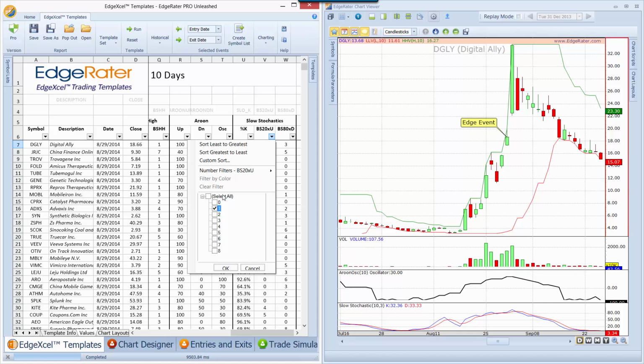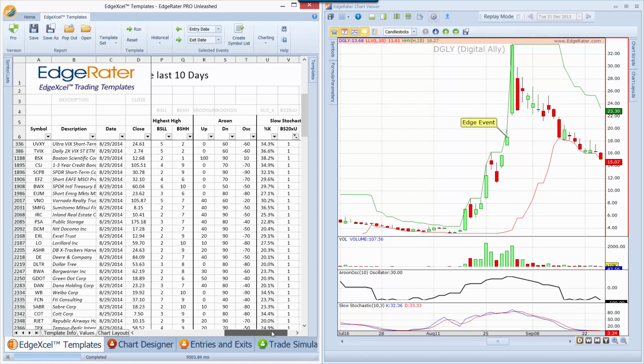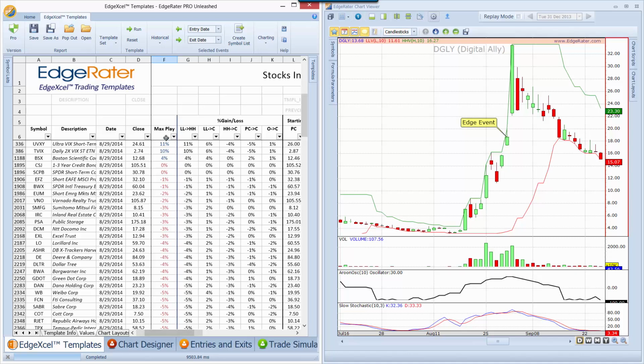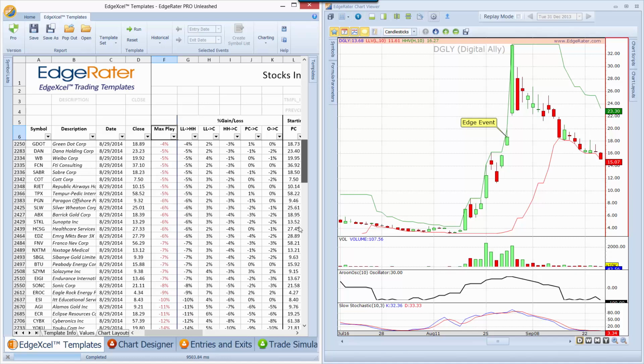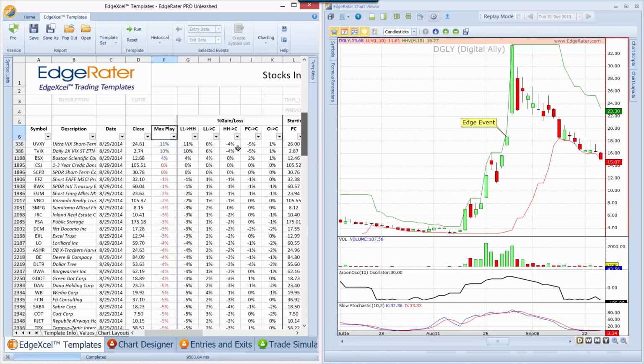That just means that at today's closing price, the stock has just caused the stochastic to cross over the 20 level, and I'm going to look only at those ones. Now I'm filtering by that, and I can also sort by max play. So now what I can see is that mostly the max plays are negative over that period of time, but we've got a couple that were positive.